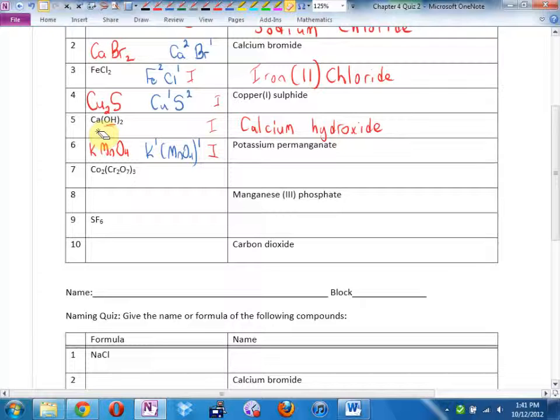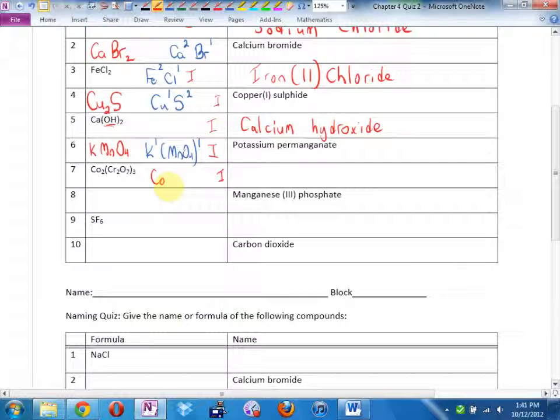CO, CR, O, okay. CO, what's that? Cobalt. Metal? Yes. Multivalent? Yes, it is. So I know it's ionic. I'm going to write down Co. I don't know which charge is going to go up there. I'm going to have to figure it out.